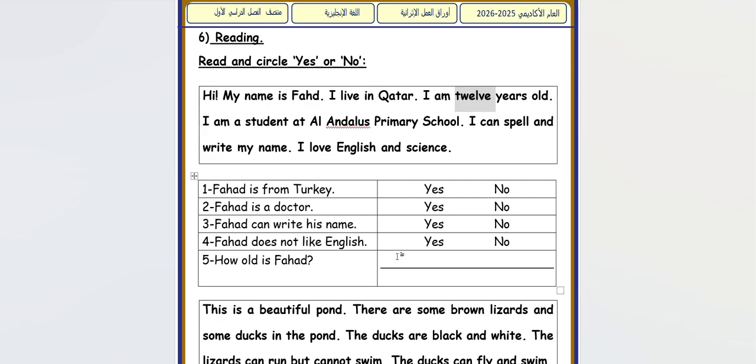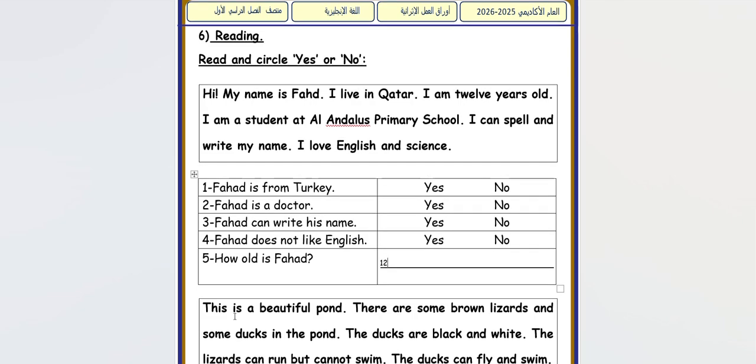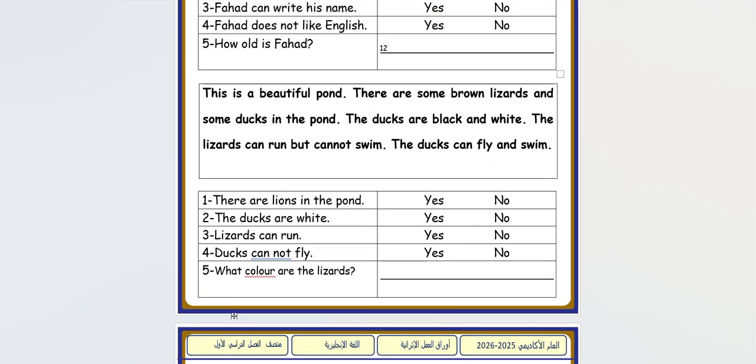We can write 12 in letters or in numbers. Both are right.